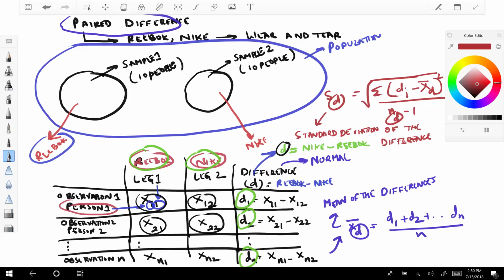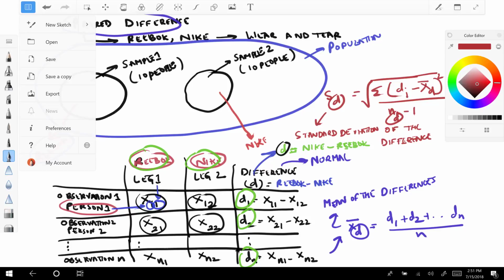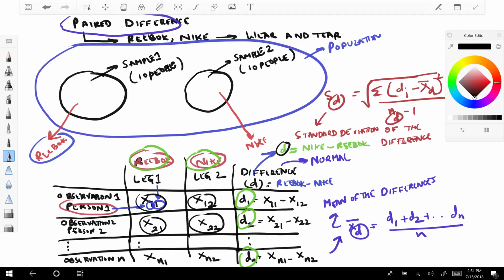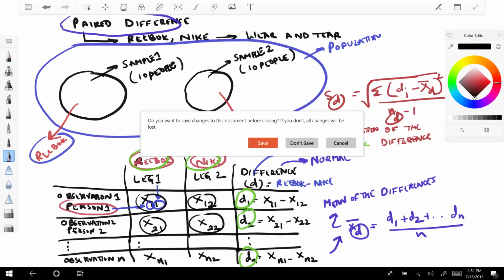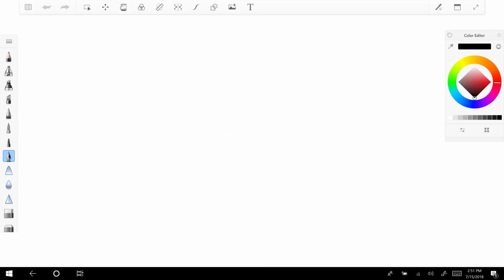So now that we know the concept, we will talk about hypothesis testing and confidence interval for paired difference. So hypothesis testing.